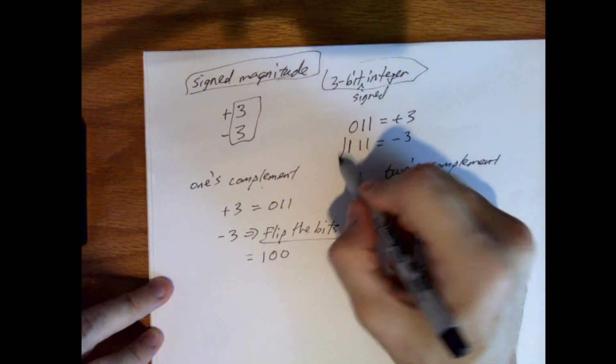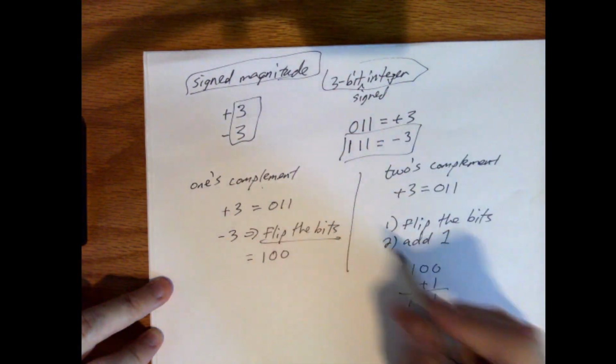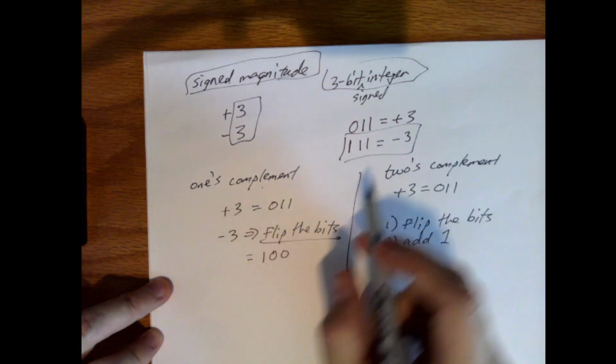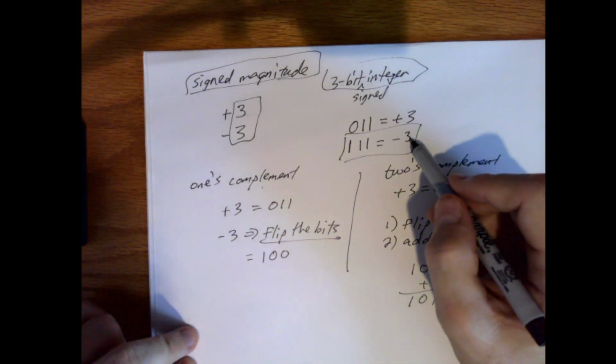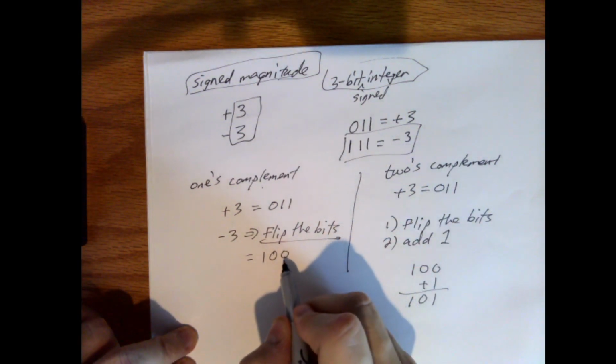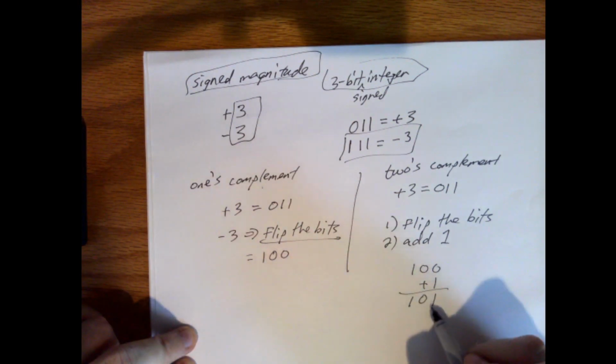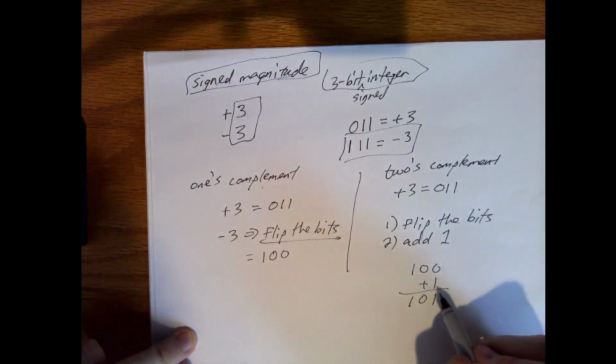So here, all these have the same positive representation for positive 3, 0, 1, 1. But here's the signed magnitude answer. Here's the 1's complement answer. Here's the 2's complement answer. So let's create a little table and see the numbers next to each other.